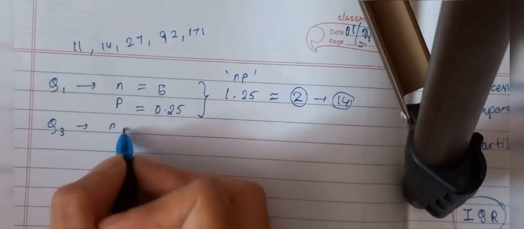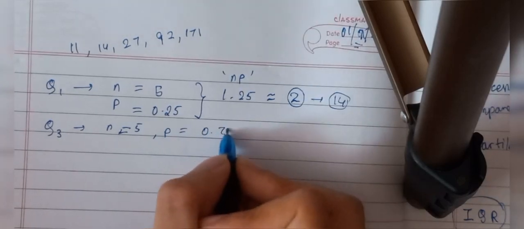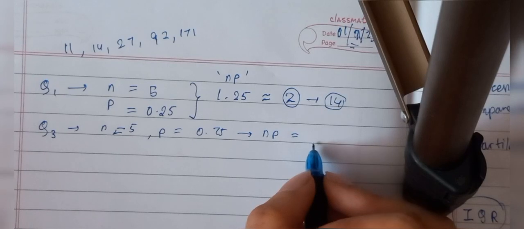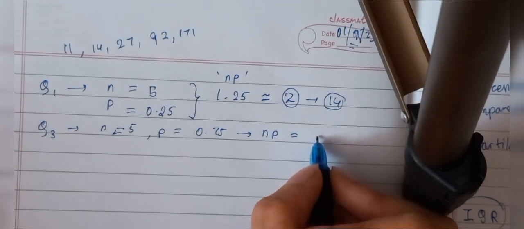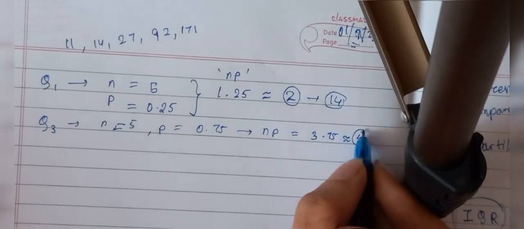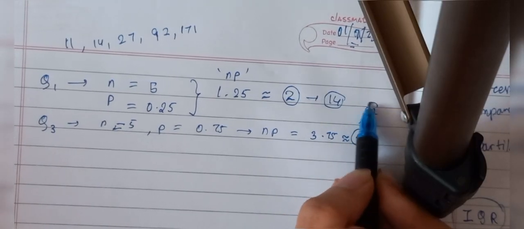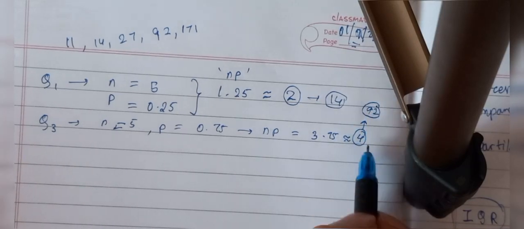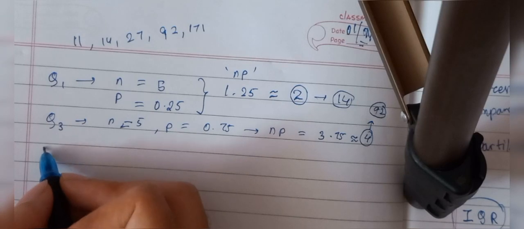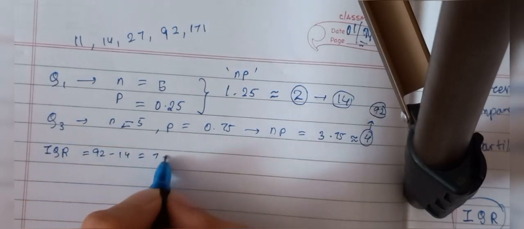I will repeat the same thing for Q3. Q3 will give me 92. IQR is 92 minus 14, which is equal to 78.